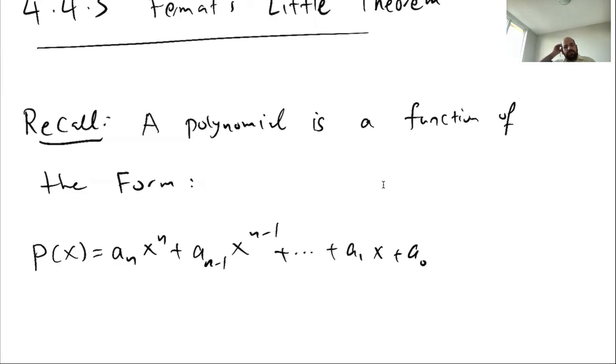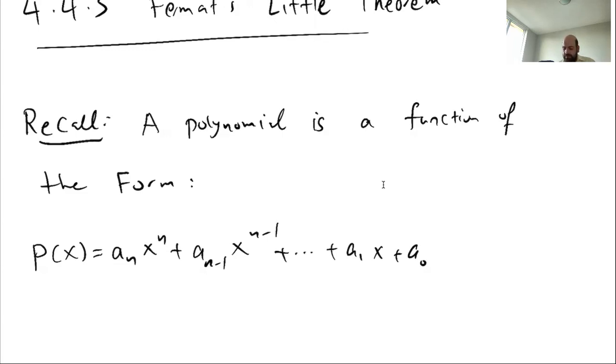So Zp has an important role in number theory, where p is a prime number. We have many Zp's because we have many prime numbers. But for each prime number, if we consider the set 0, 1 all the way to p minus 1, this is a set with p elements. So this is called Zp. Now, two numbers are equal in Zp if those two numbers are congruent mod p.